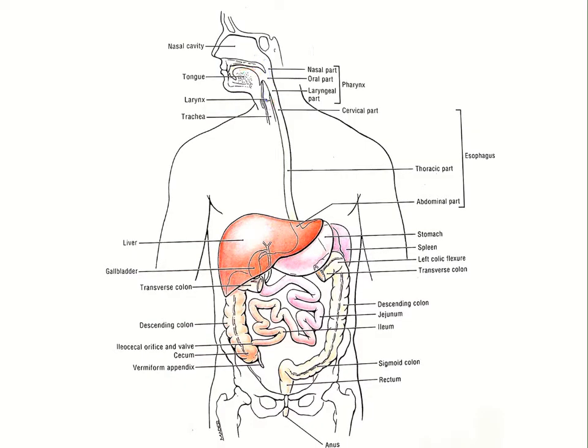The air entering through the nasal cavity and the food entering through the oral cavity have to cross each other to enter their respective pathways.